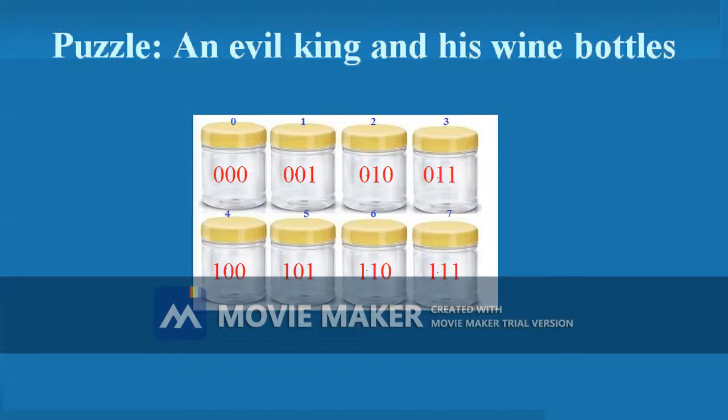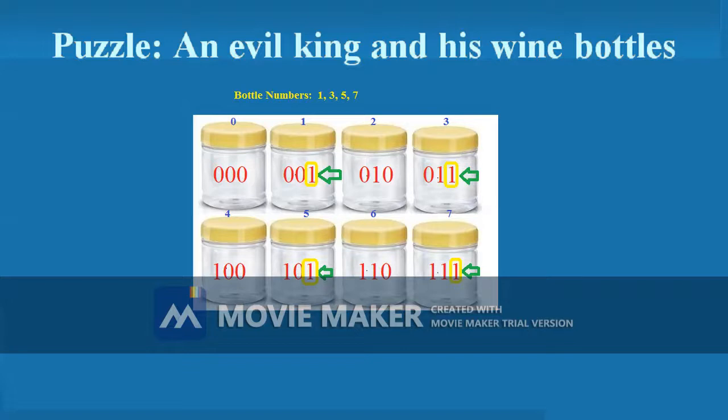The numbers are 0 to 7. Their binary codes are also given on the bottles. Assume that the king selects the bottles 1, 3, 5, 7. If you observe the binary codes of these numbers, their least significant bit value is 1.